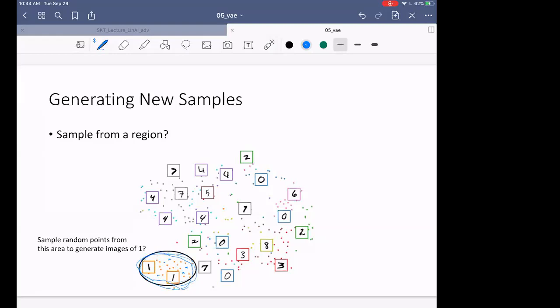You can assume that this follows a Gaussian distribution or some other distribution, but that's just an assumption because you never know how your autoencoder has shaped the latent space. There's no guarantee that this subspace of 1s follows a Gaussian distribution, so you can't really sample. You don't even know the mean and the standard deviation anyway.